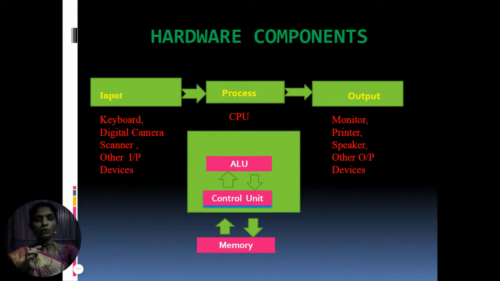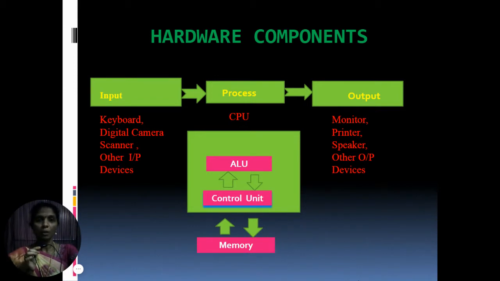Similarly, the output unit provides the output in a form that is understandable by the user. The input is provided to the computer using input devices like keyboard, digital camera, scanner, and other input devices. At the same time, some of the commonly used output devices are monitor and printer.